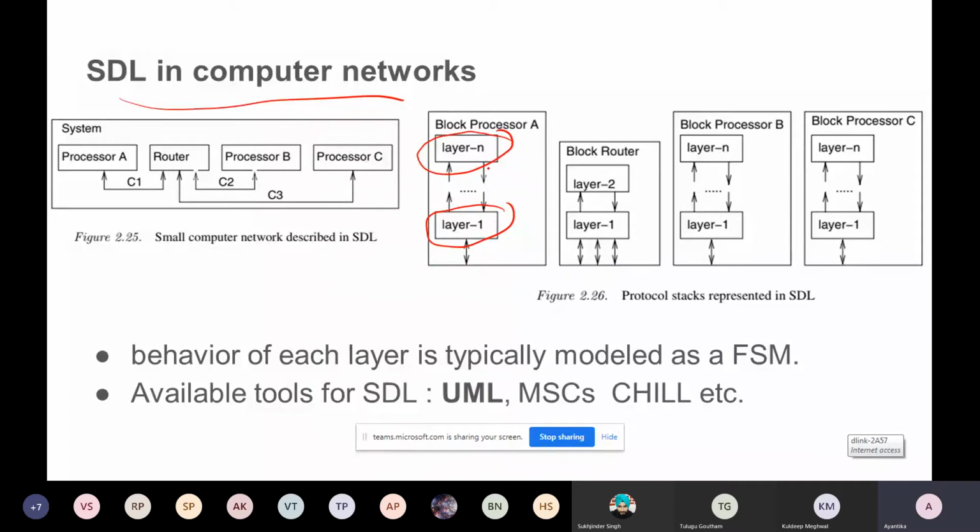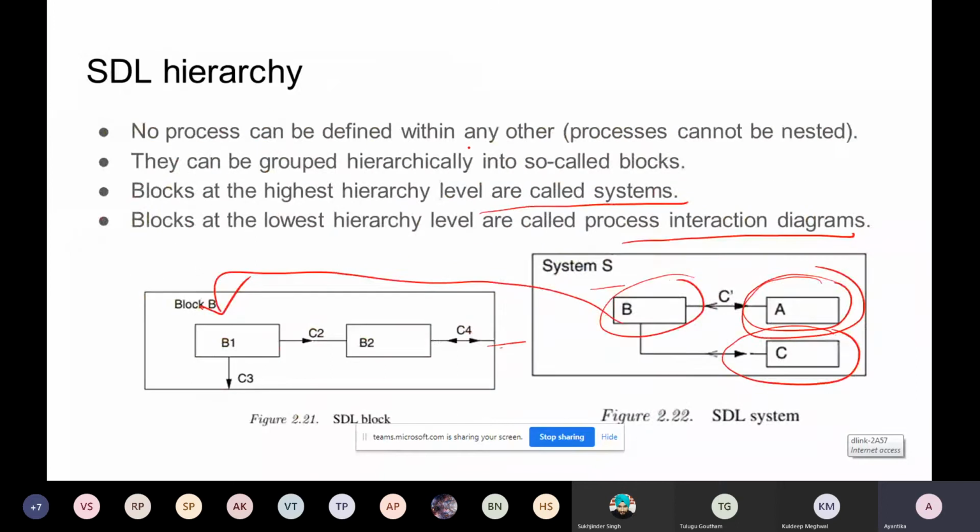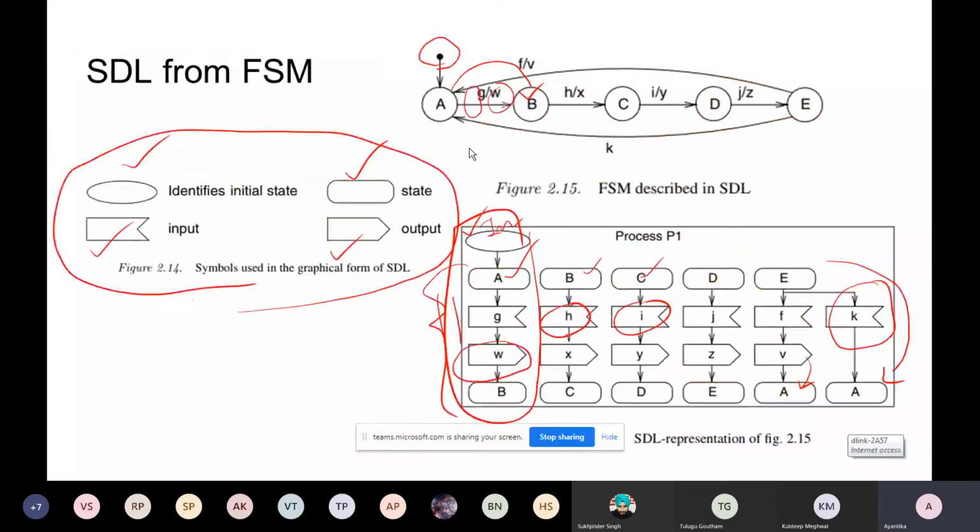But each layer can typically be realized by a single FSM. Now you know how to translate a single FSM to the language of SDL that we have discussed already in the first slide.